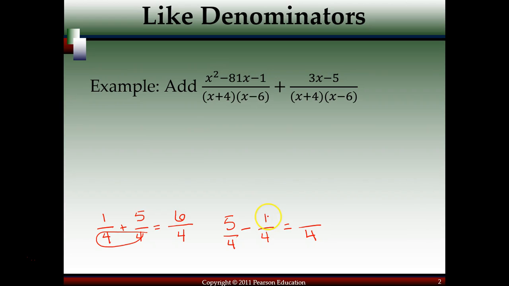So 5 minus 1 gives you 4, which reduces to 1, and then this actually reduced to, let's see, 3/2. That's how we're going to do these rational expressions, the same way as we have done adding and subtracting fractions in the past.